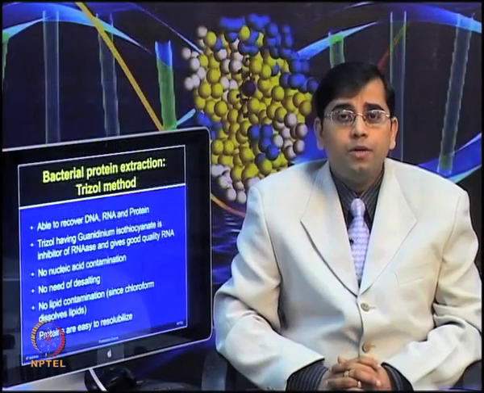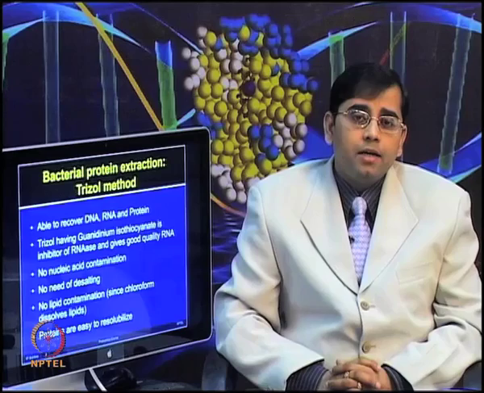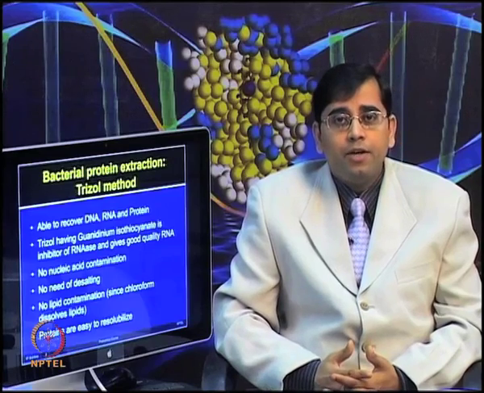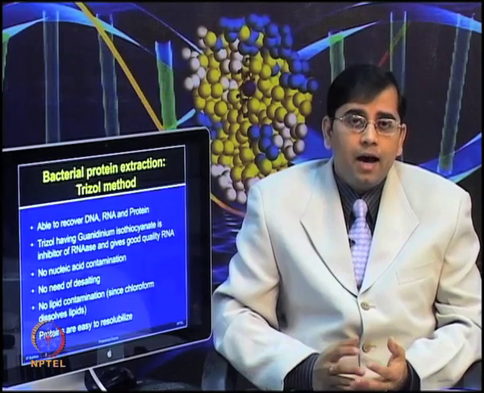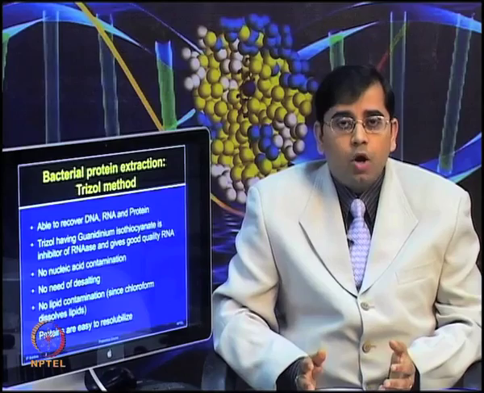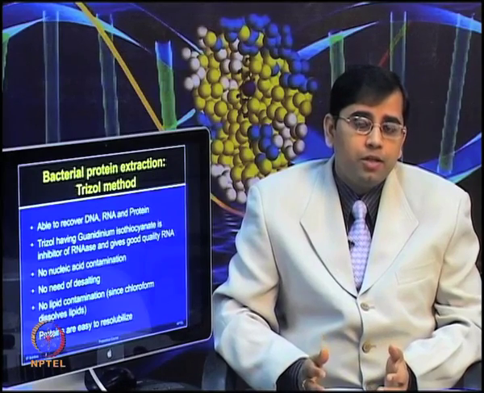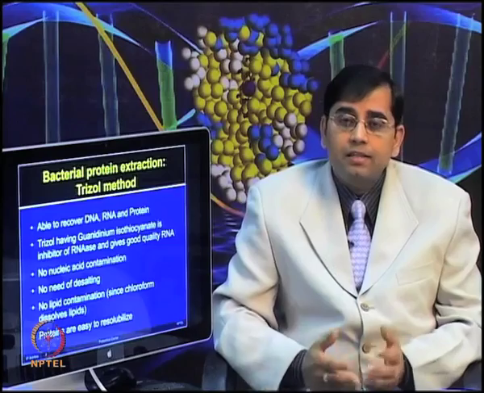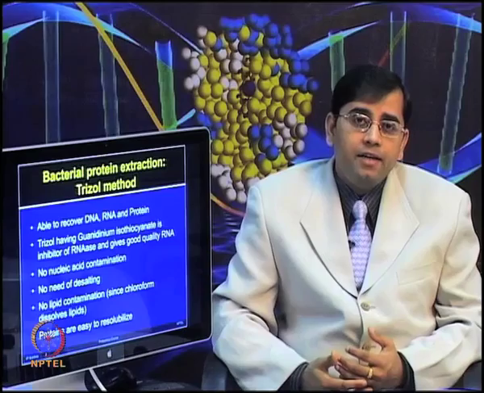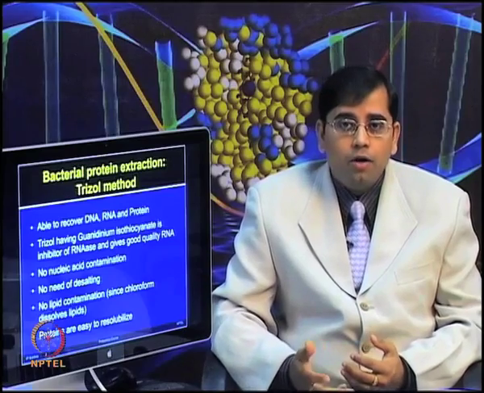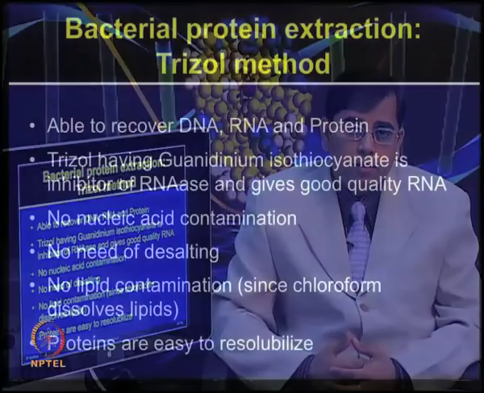So, why do we want to elaborate on the Trizol method? Because this method gives you an opportunity for recovering DNA, RNA and protein, all three major biomolecules, from the same sample. In the sequential extraction method, one can obtain DNA, RNA and protein all by using this method.